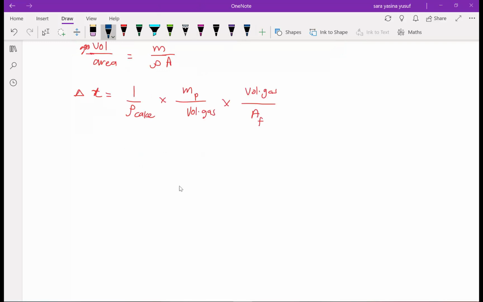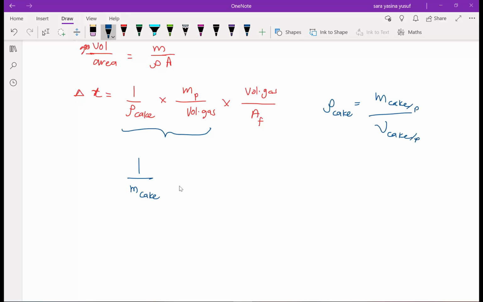Now if we look at these two, we know that rho cake is also termed as mass of cake over volume of cake. So we can substitute it: mass cake, or mass of particles, is the same.